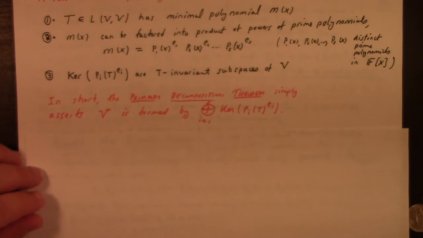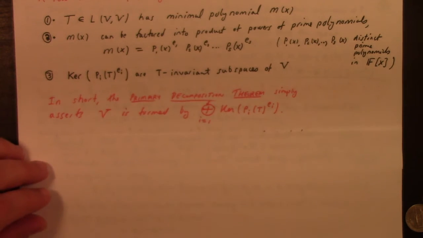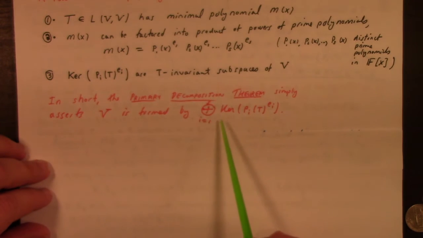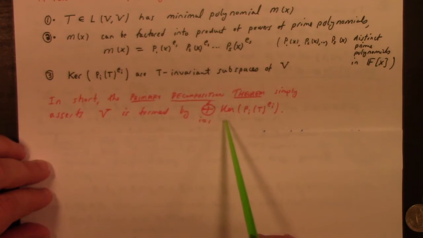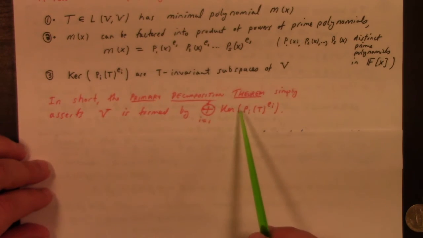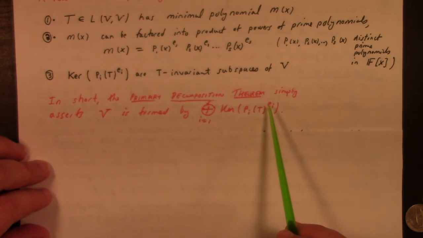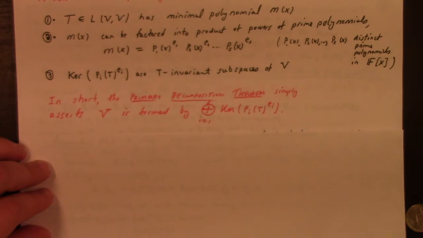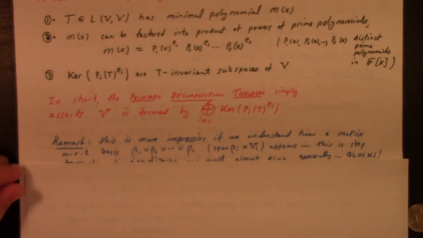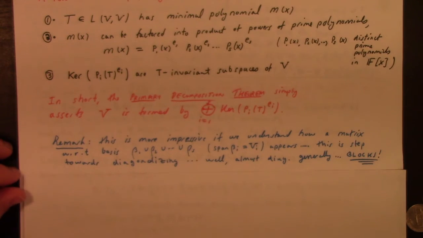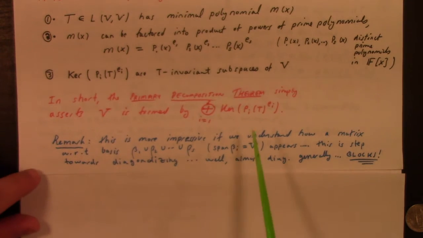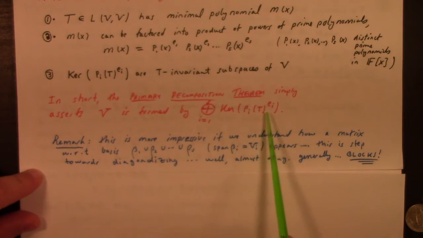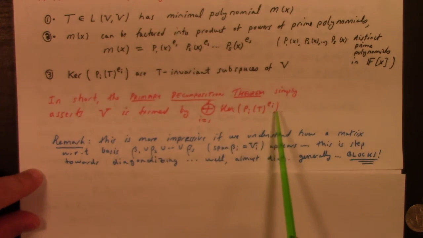So anyway, just to get to it, the primary decomposition theorem simply asserts that V is formed by the direct sum of the kernels of these prime power polynomials, which are embedded within the minimal polynomial. So I guess this isn't that exciting, but if you understand what this means, you can find a matrix with respect to a basis which reflects this.